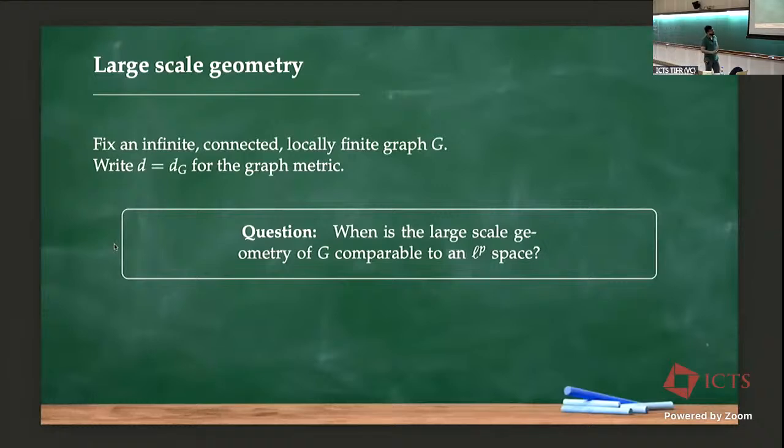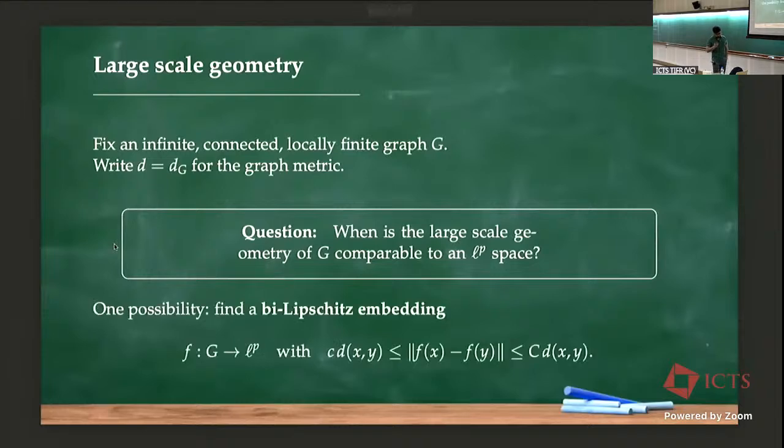Okay, so there are several ways of asking this question precisely. One thing that we can ask for is, can we find a bi-Lipschitz embedding? Meaning, can we find a function f from the graph to an LP space? Doesn't matter which one. If we can find one, then we are going to be happy.